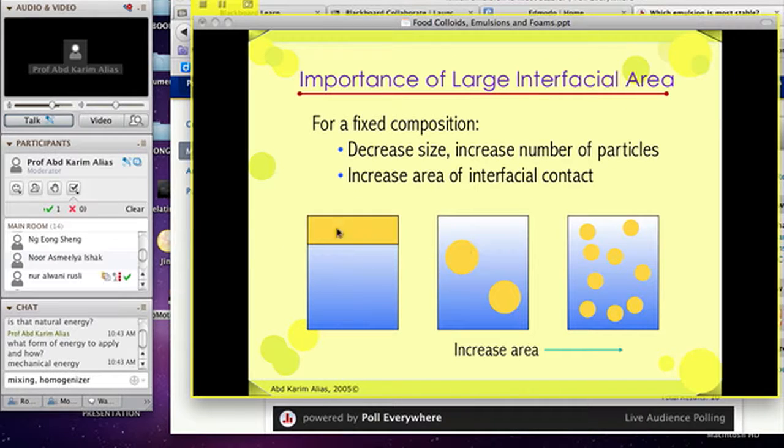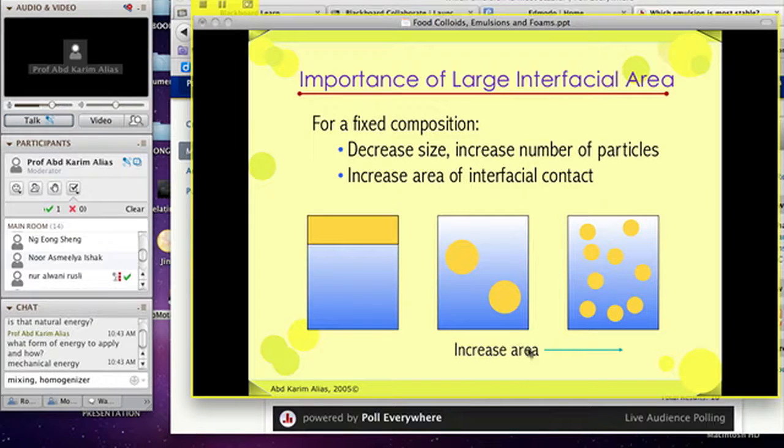We can see here, for example in this picture, we start with oil and water. Then we can use mechanical energy by using a homogenizer or high-speed mixer, and we can disperse this oil into the aqueous phase to form droplets. If we use a very high-speed homogenizer or mixer, we can get very fine, small droplets.